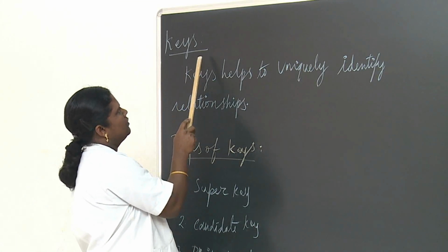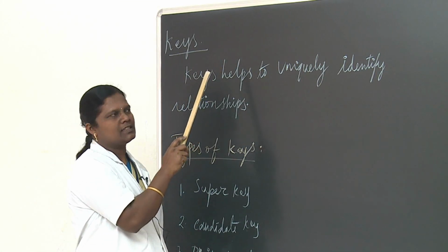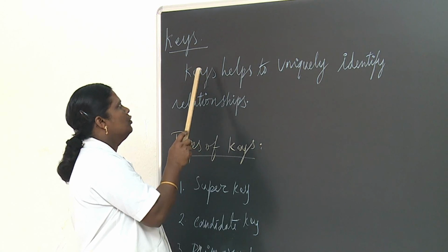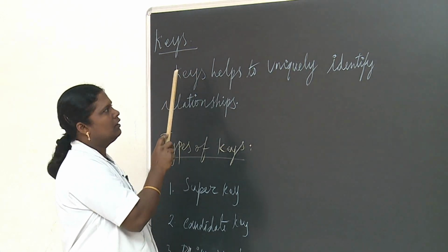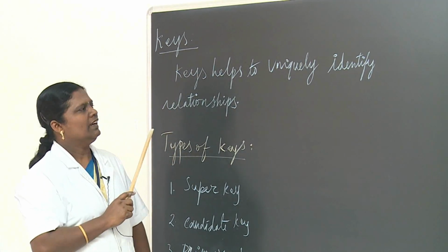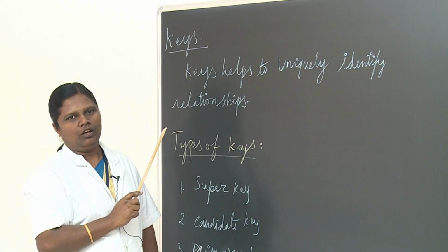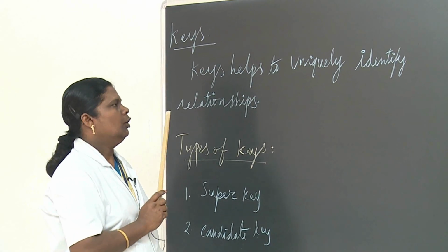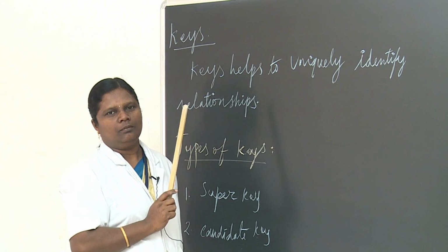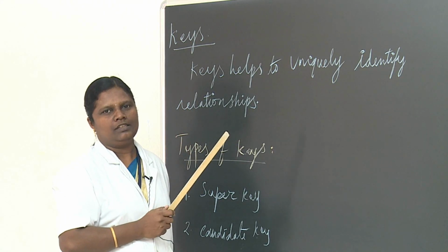Keys in the database play a major role in order to extract the data and also store and retain the data. Keys are used to uniquely identify a particular column from the database, because in order to validate our database table or relation, we need to identify some keys.